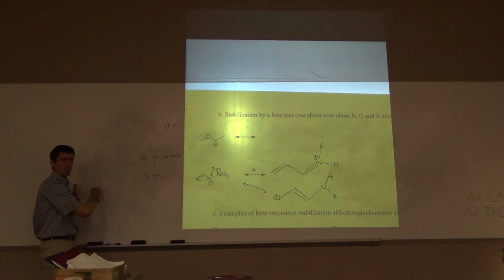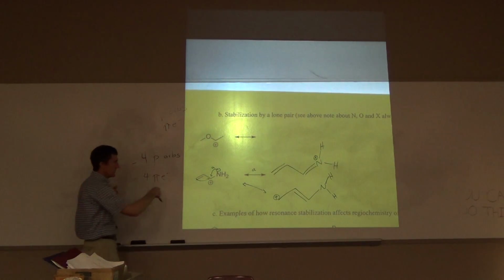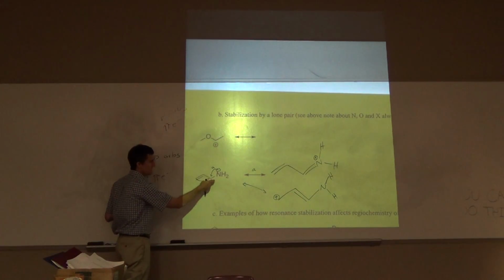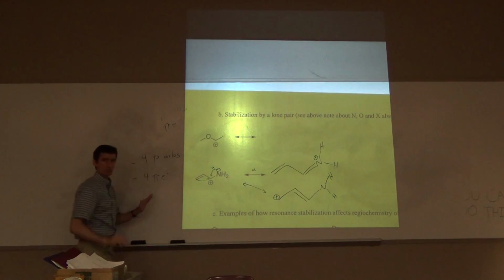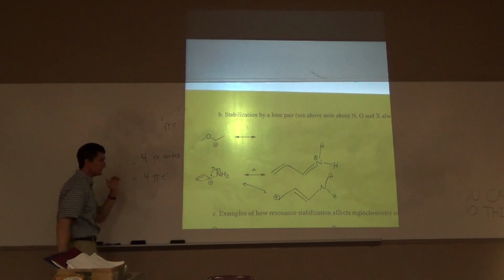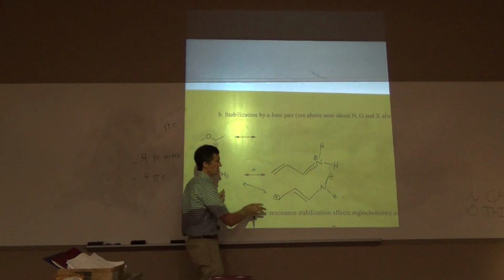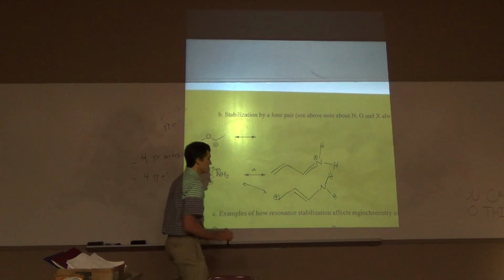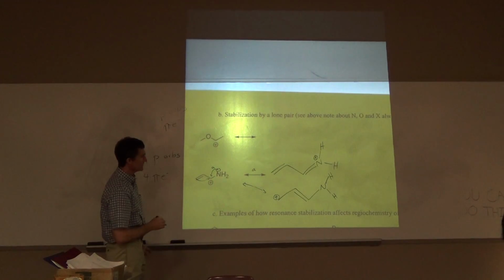That is, if you drew the orbitals out, you'd have 4 orbitals. And if you put electrons in there, you'd have one in this one, one in that one, that would be empty, and there'd be 2 there. Of course, that would be an isolated view. They're really spread out all through there. We're trying to illustrate that with resonance structures. I drew these resonance structures. The charge has been delocalized.